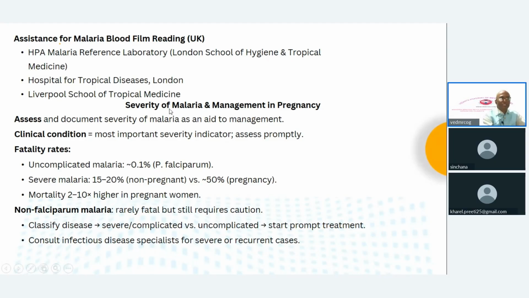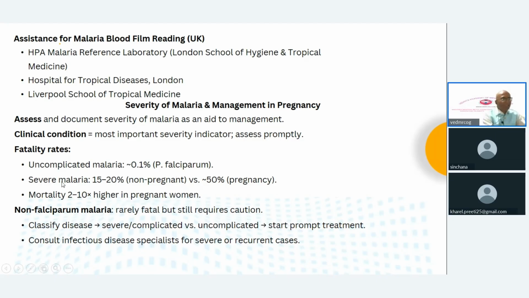Now coming to the severity of malaria and management in pregnancy. Always assess and document severity of malaria as an aid to management. Clinical condition is the most important severity indicator, and assess promptly. Fatality rates: in uncomplicated malaria there is a very low fatality rate, 0.1%, even with falciparum.